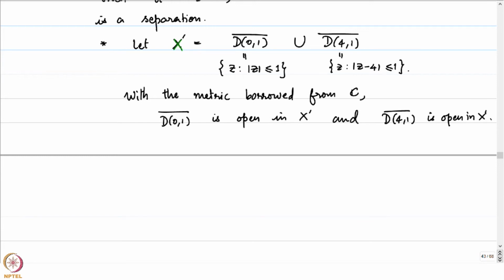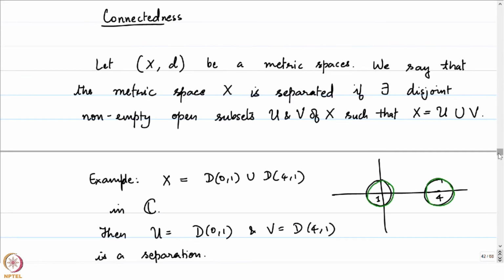So these are not open sets in C, but these are open sets in X prime in the subspace topology. And further, this is a separation of X prime. So both X and X prime are examples here of metric spaces which are not connected.